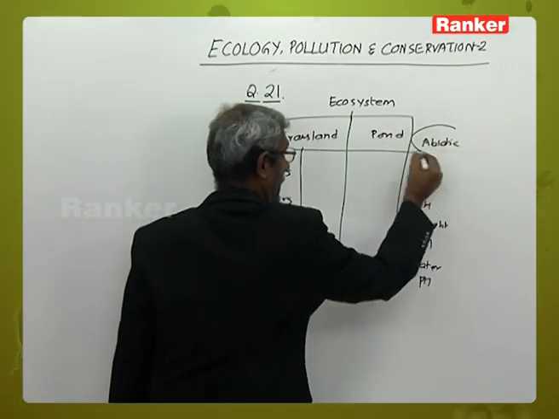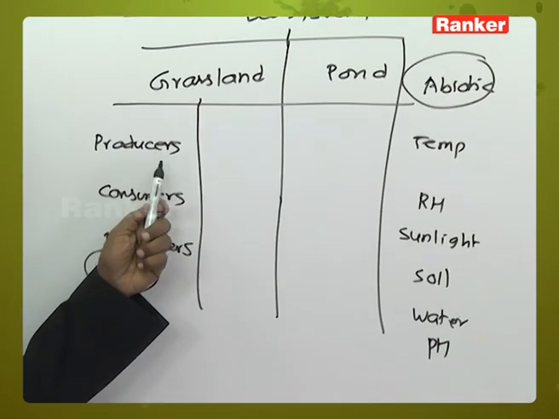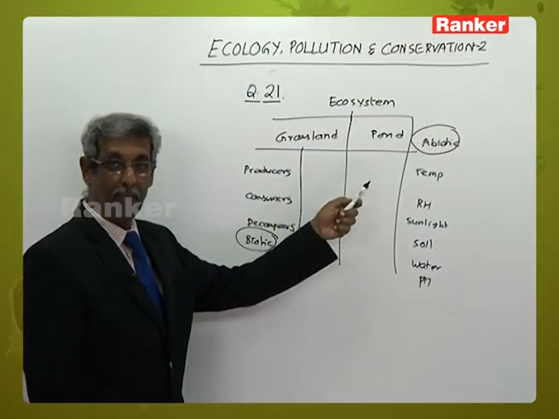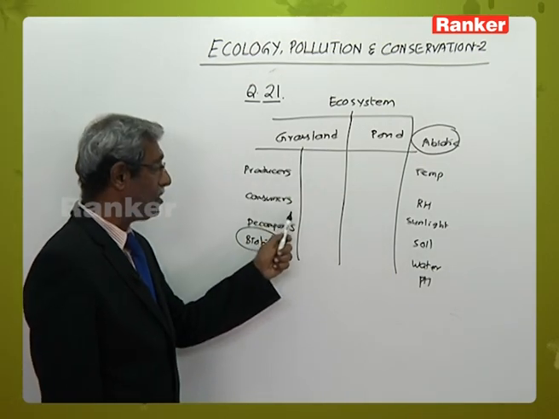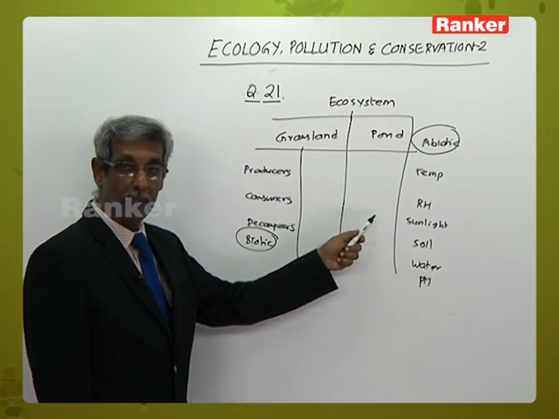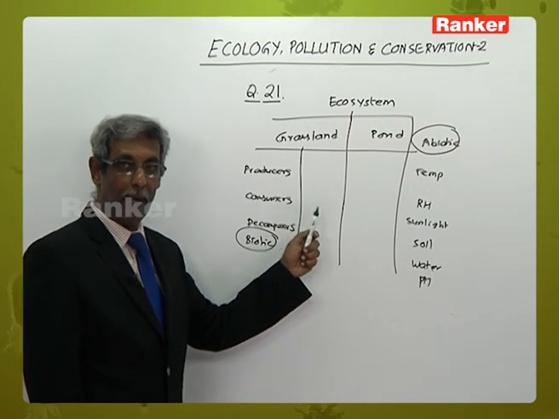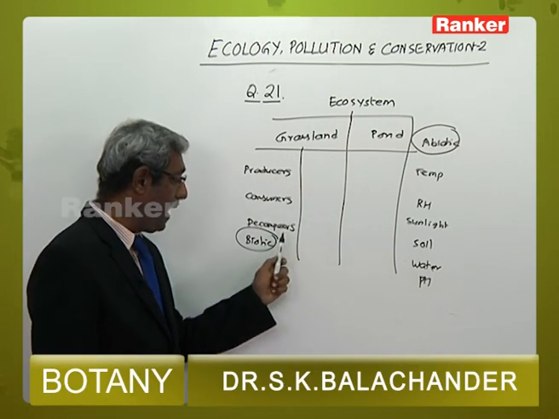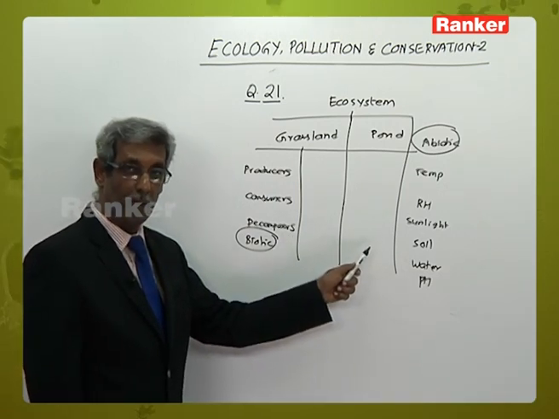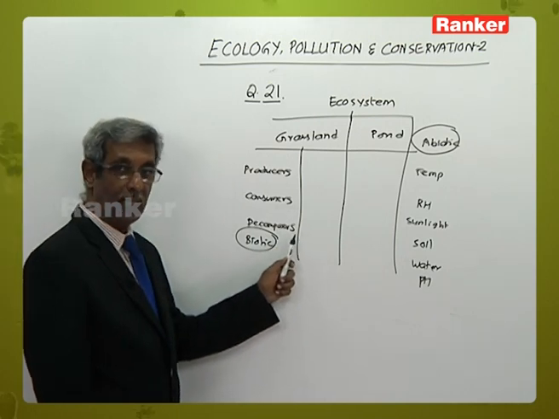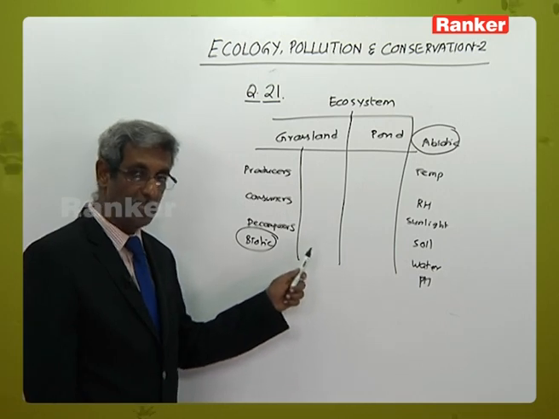When we take the biotic and abiotic components, in both the pond as well as the grasslands, they are very much different. In ponds, we have the algae. In grasslands, we have the grasses. Consumers in ponds are smaller organisms like fish, whereas consumers in a grassland could be a rabbit, a snake and a grasshopper. The decomposers in water are the aquatic microorganisms, whereas the decomposers in the grassland soils include the fungi and bacteria.